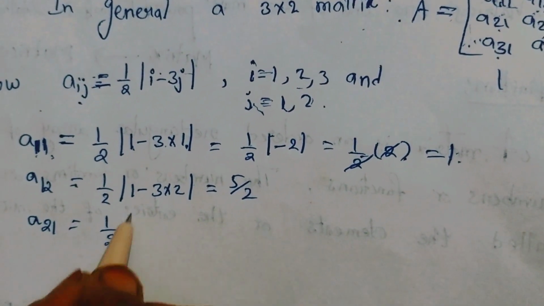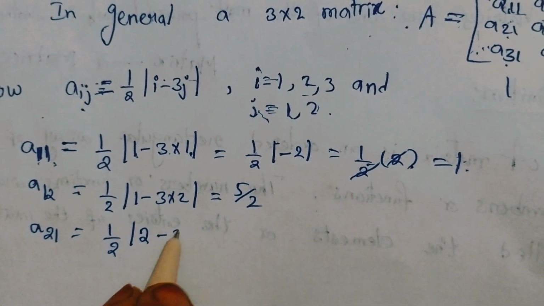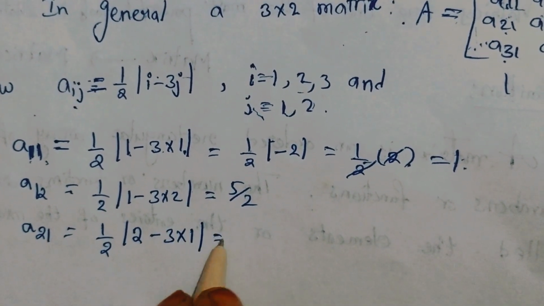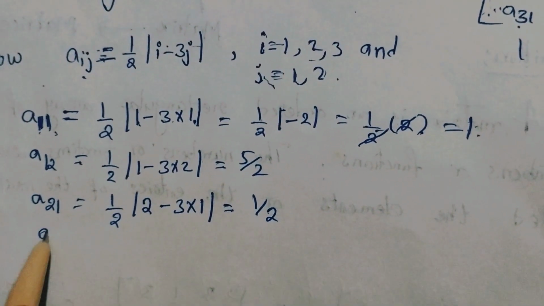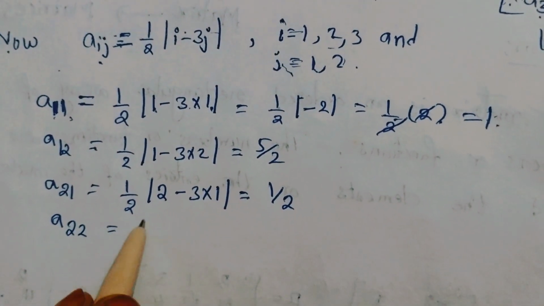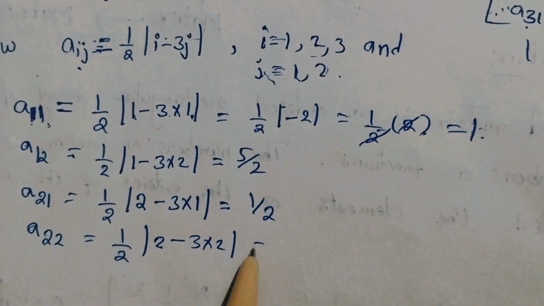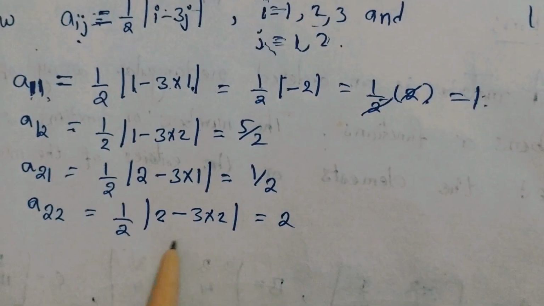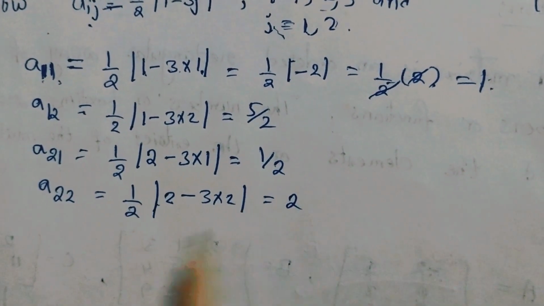Substituting in the formula, half into mod of 2 minus 3 into 1, we get the value half. A22 is half mod of 2 minus 3 into 2. This value is 2. Okay, here in all values, the mod value is changed into a positive value.